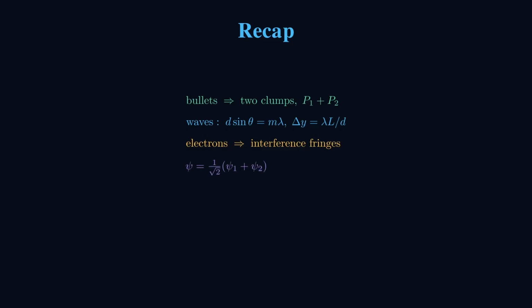The total wave function from two slits is the normalized sum, psi equals 1 over root 2 times psi1 plus psi2. 5. The probability density contains the interference term, 2 times the real part of psi1 star psi2, which is responsible for the fringes. 6. If we measure which path the electron took, the wave function collapses, the interference term vanishes, and the pattern returns to two clumps.